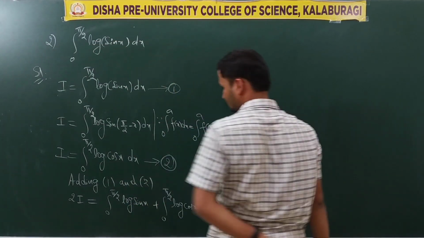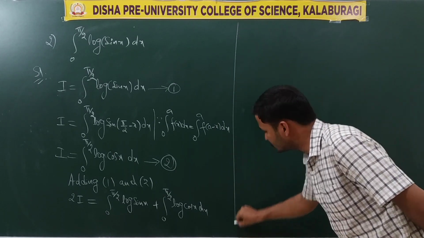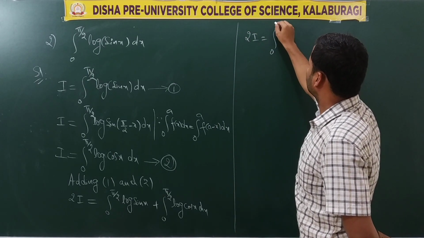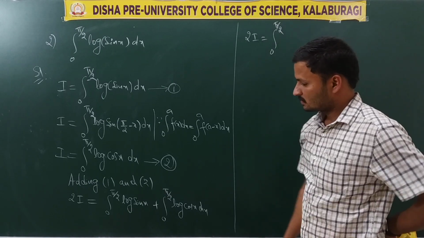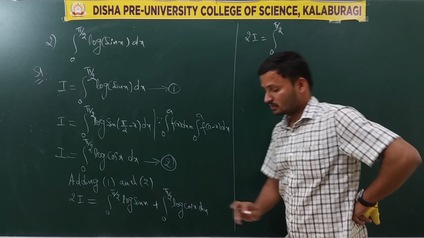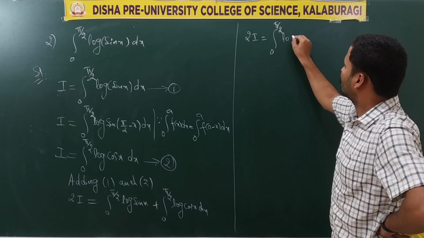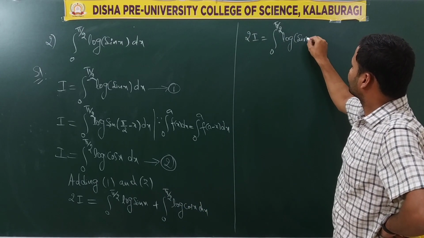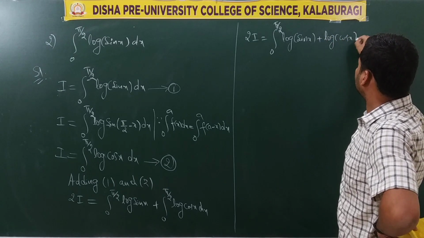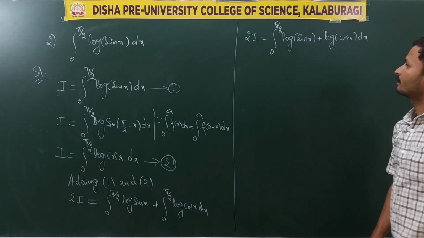Then 2I is equals to integration from 0 to pi by 2, where the integral is common for these two functions, so that is 0 to pi by 2 of log of sin x plus log of cos x into dx.